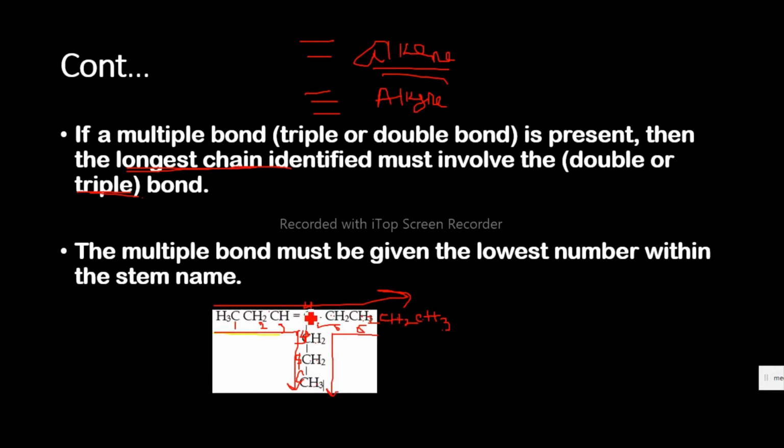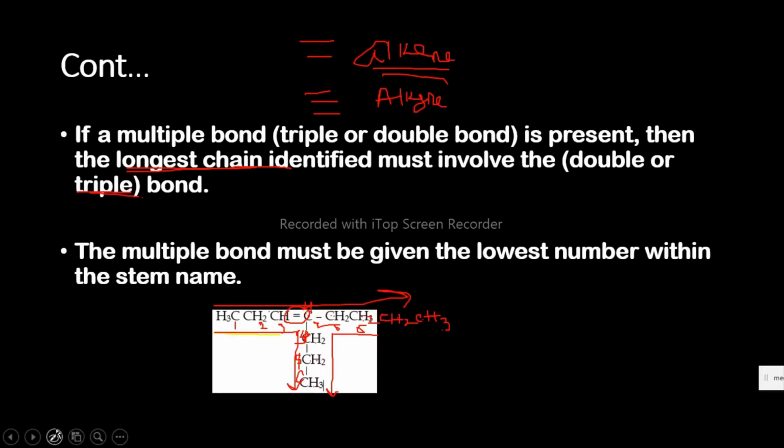Why? Because you have a double bond here. Your parent chain must contain a double bond or a triple bond. Is that okay? And the double bond or a triple bond must be given the lowest number, the lowest locant.